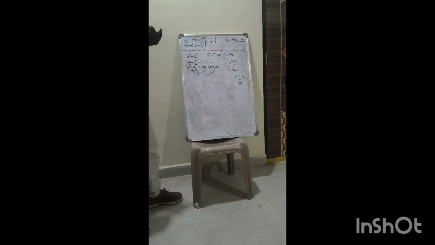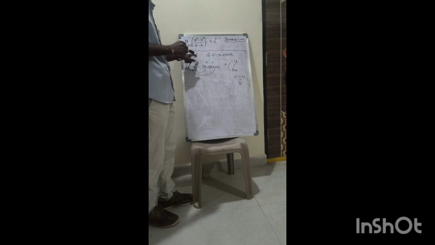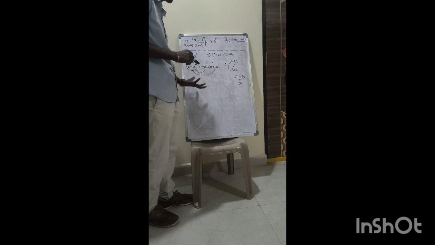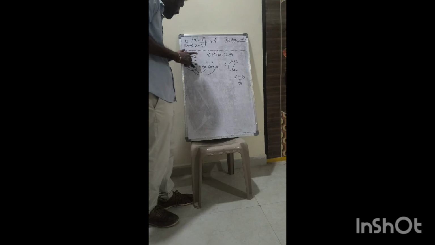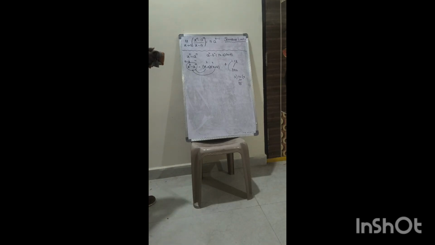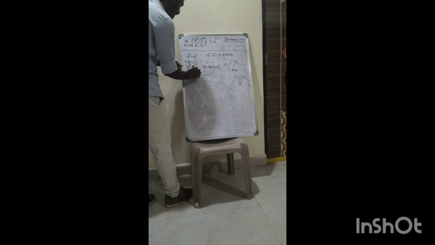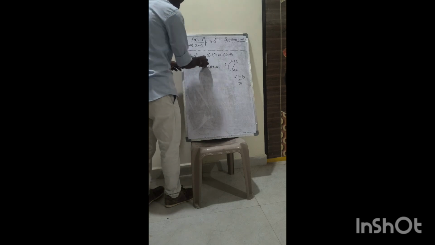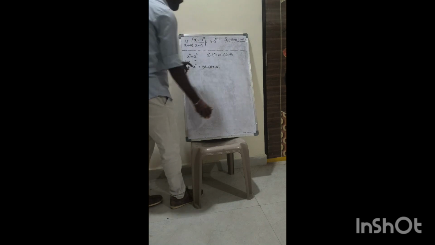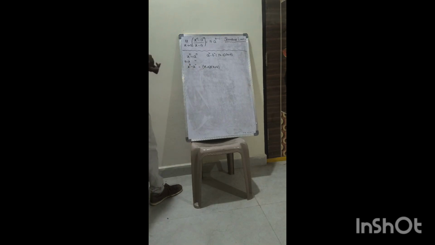See, what I am going to do is simplify x power n minus a power n. I am factorizing it. What do you mean by factor? Which is the factor for x power n minus a power n? So one thing is very clear. Shall I write this once again? In this case, can I write that x minus a is a factor of x square minus a square?